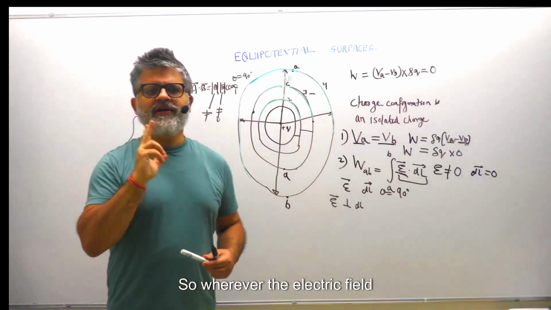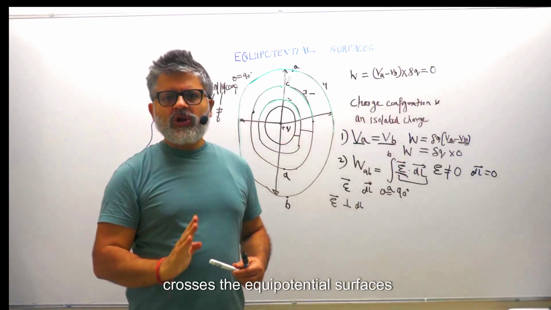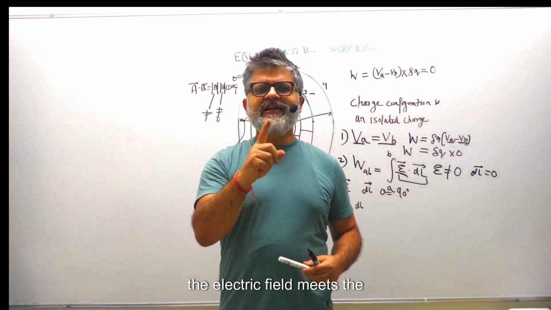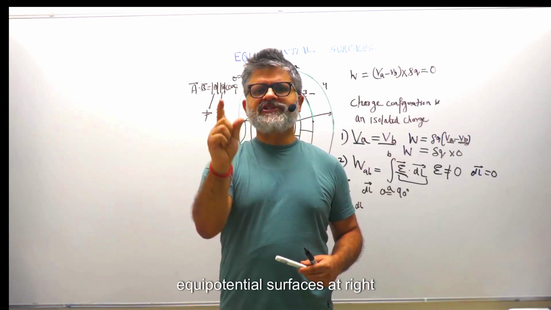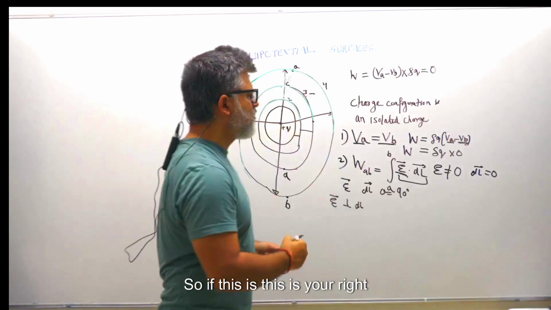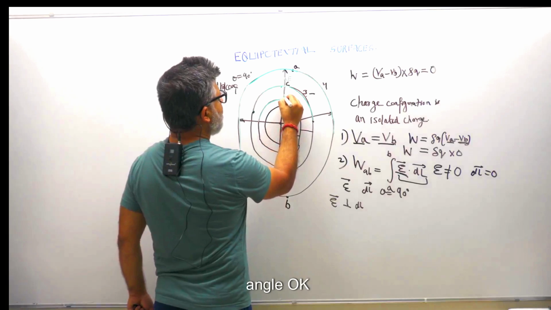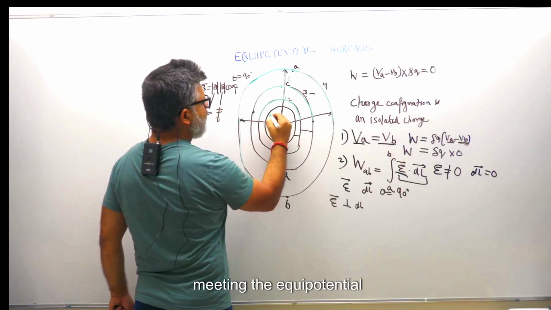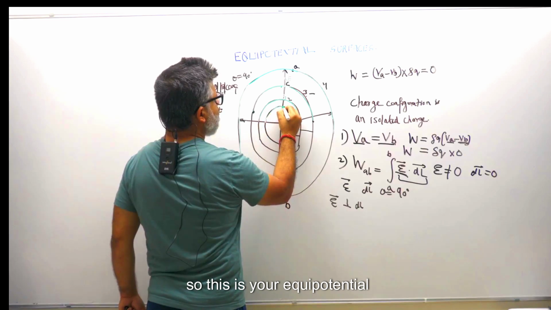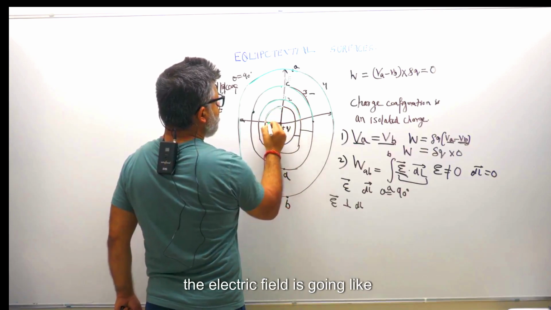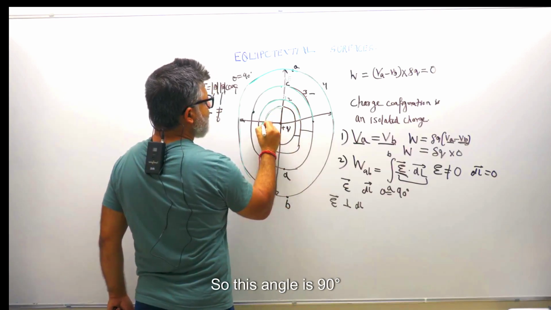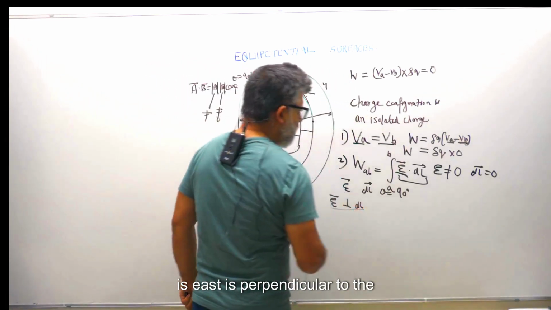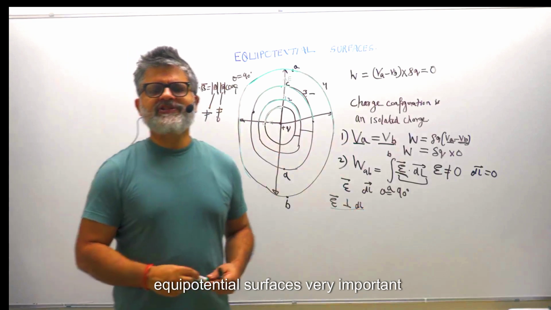So wherever the electric field crosses the equipotential surfaces, it meets them at right angle. The electric field is going like this, so this angle is 90 degrees. So the conclusion being drawn is E is perpendicular to the equipotential surfaces.